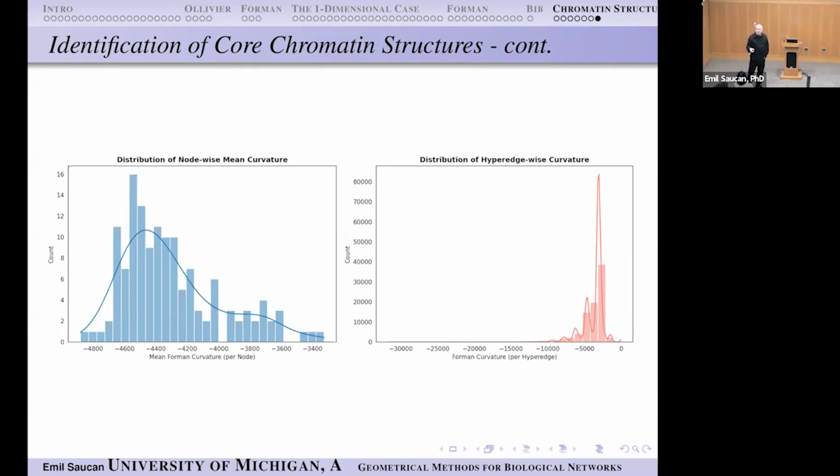Because these are just combinatorial, just counting, it means that my network might be kind of sparse and nonuniform, but still most edges have essentially the same number of faces around. That spike means that most have the same number of faces around them, which says something about this chromatin structure already, even without weights, even without anything more.